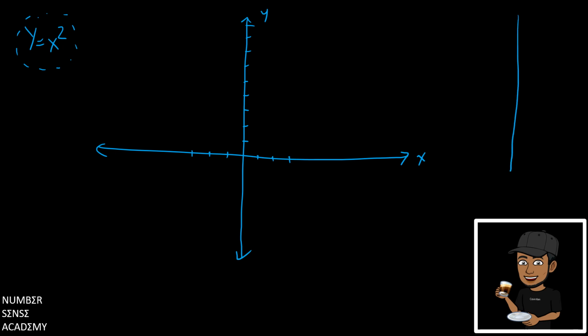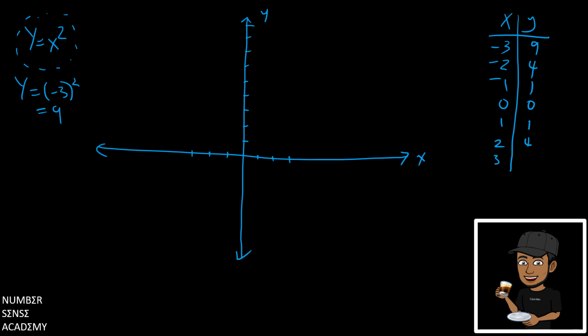I'm going to start with -3, -2, -1, 0, 1, 2, and 3. So when x is -3, if I plug -3 into this equation, I get -3 squared, which is 9. Do that for -2, I get 4. I get 9, 4, 1, 0, 1, 4, and 9.